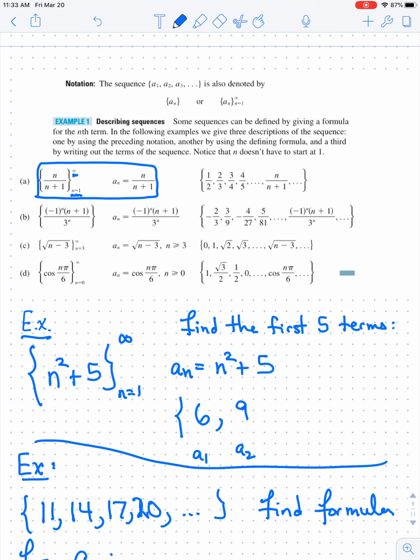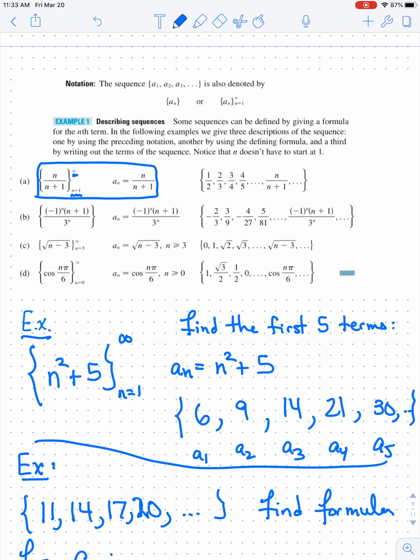If I let n equal 3, that's 3 squared is 9, plus 5 is 14. a4 is going to be 16 plus 5 is 21. And a5 is going to be 30. And I'll put a dot dot dot because that sequence goes on forever. And that's how I can find the terms in my sequence.